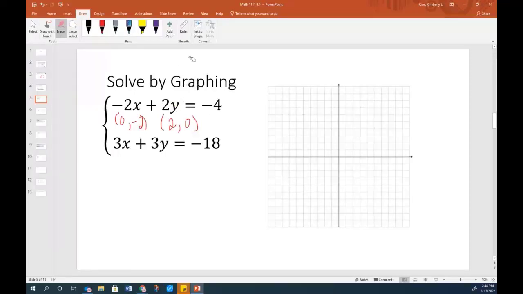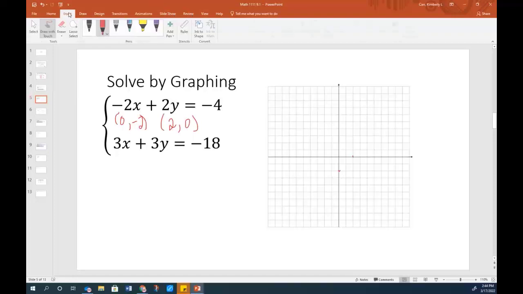Now, one of the frustrating things as I do this online is that I can pick those points, like (0, -2), and I know that's the point, and I can go to (2, 0), but if I try to freehand a line there, it is not going to be straight.